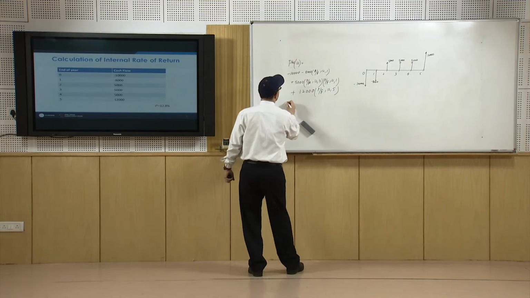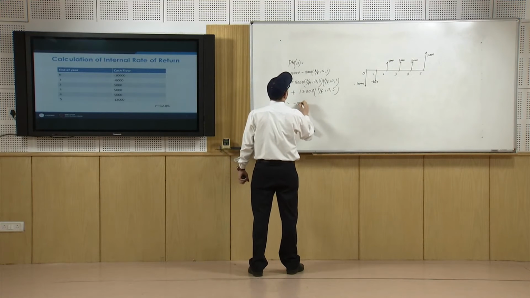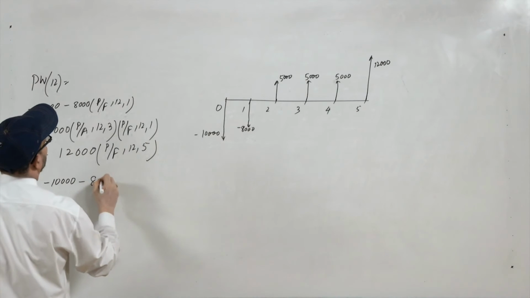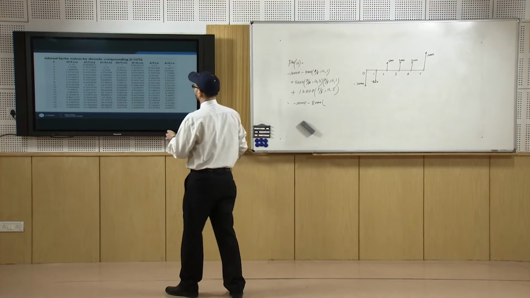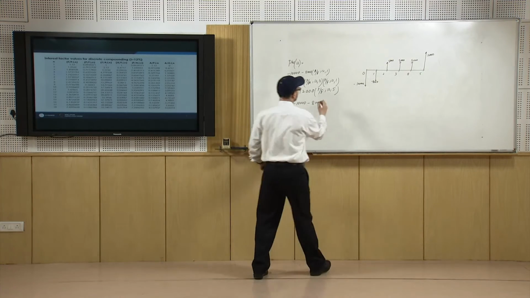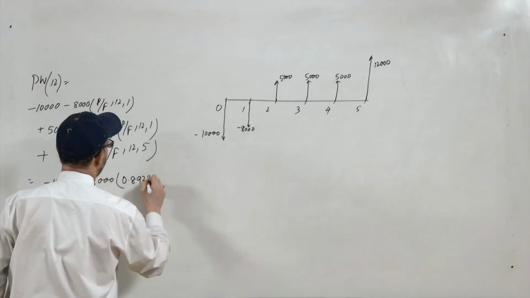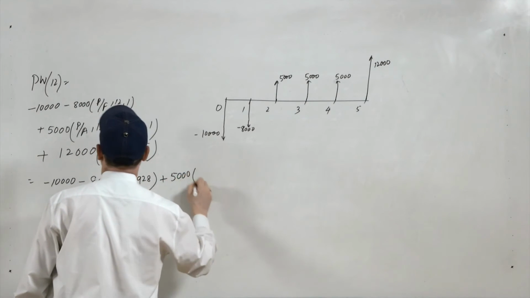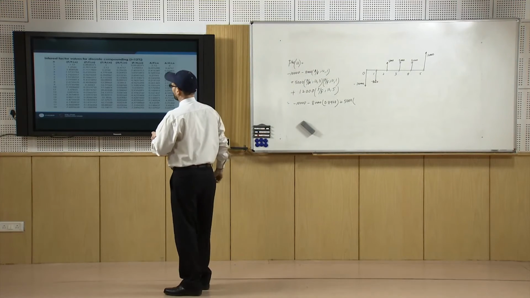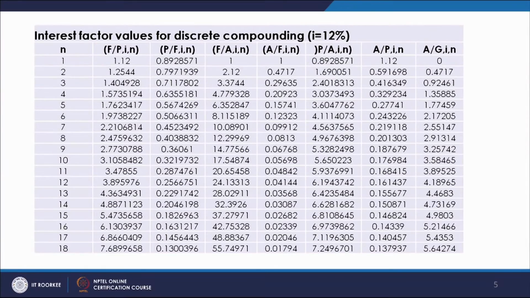So, this can be taken as minus 10,000 minus 8,000 P by F 12 1. So, P by F 12 1 is 0.8928 plus 5,000 P by A 12 3. So, P by A 12 3 is 3.037, no, it is 2.4018.